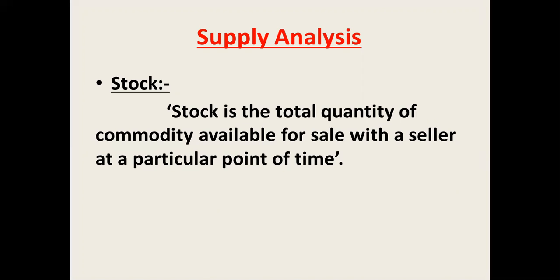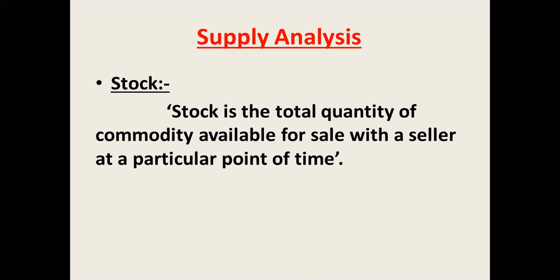Every definition explains a particular time, meaning they always consider time. Generally, stock is more than supply. But in the case of certain goods like vegetables, fruits and flowers, which are perishable, stock can be equal to supply.